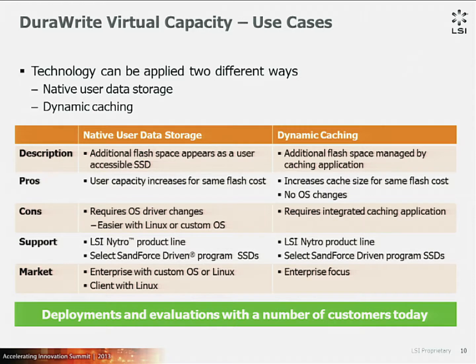So the cache increases in size or decreases in size as the data comes in, and the advantage is, of course, you get the increased cache size for that same flash cost. And it could be that same percentage increase we were looking at earlier, certainly up to 3 times on that database example. And the other advantage of that is there's no operating system change. It only has to be something that caching application understands. And that's a lot easier to do.